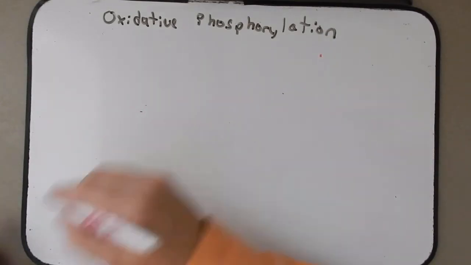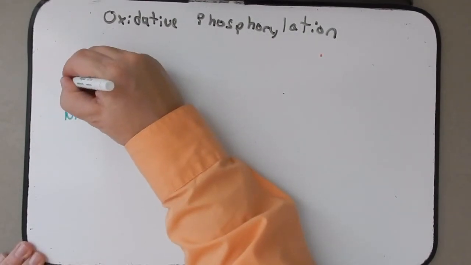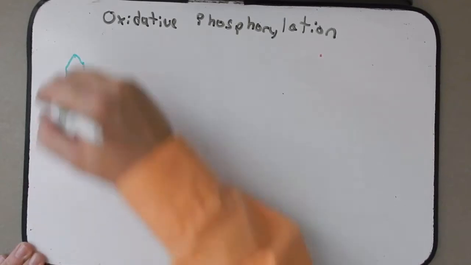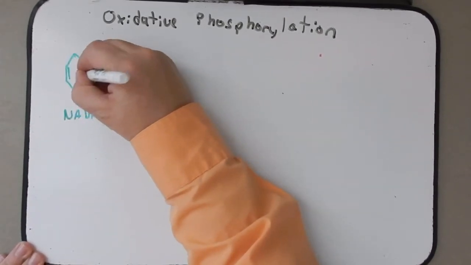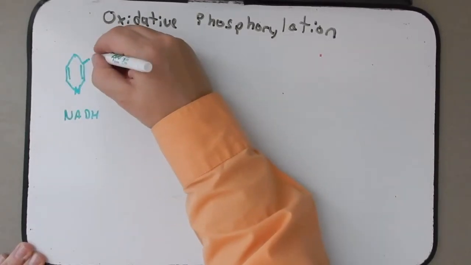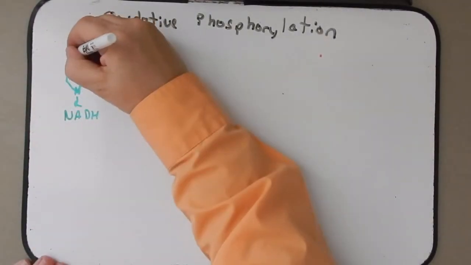So let's talk about our friend here, NADH. I'm going to draw the structure here, but I'm going to draw it for the purpose of showing you where those high energy electrons are. Those high energy electrons are going to be associated right here.